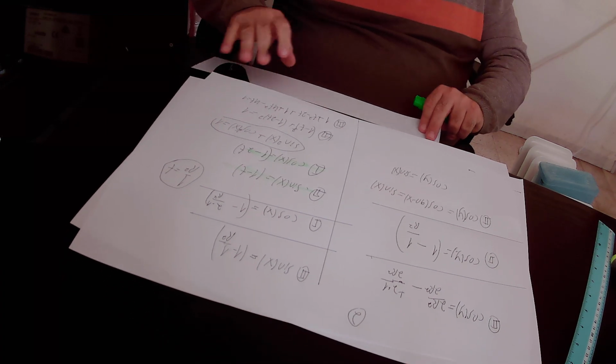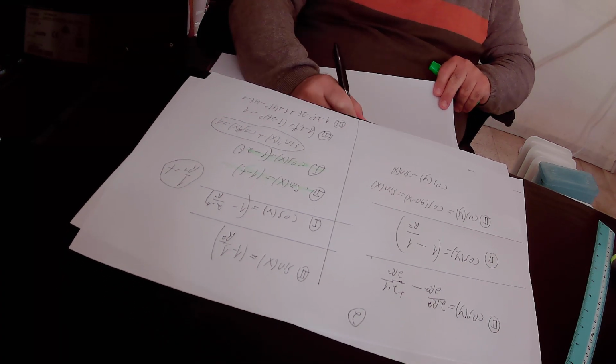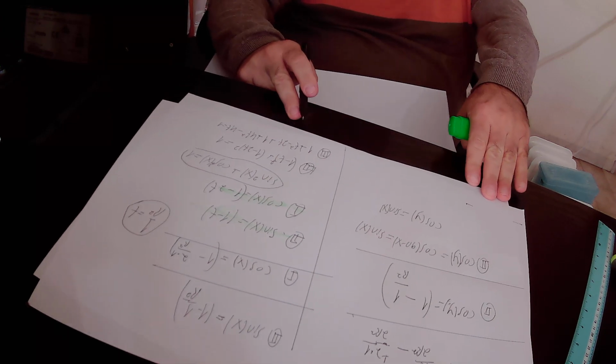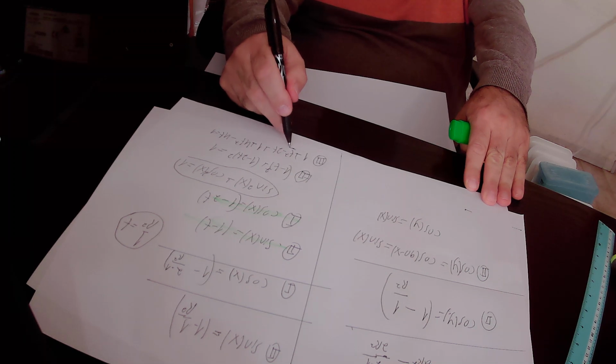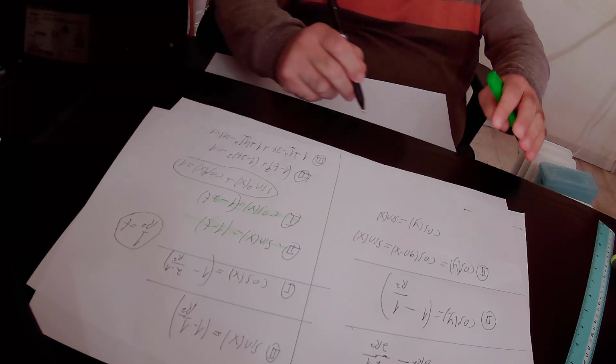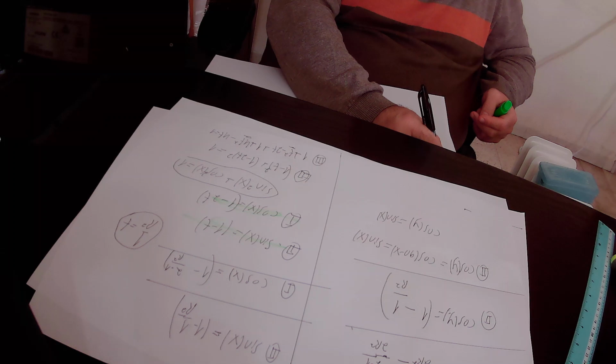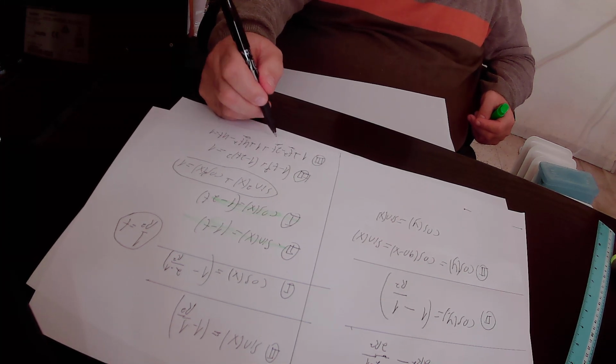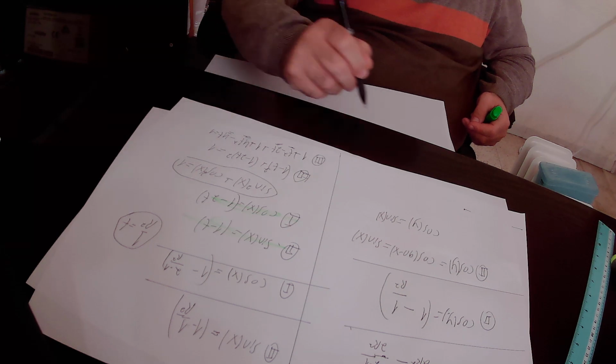Okay? So here we have t square plus 4t square is 5t square. Minus 2t minus 4t is minus 6t.